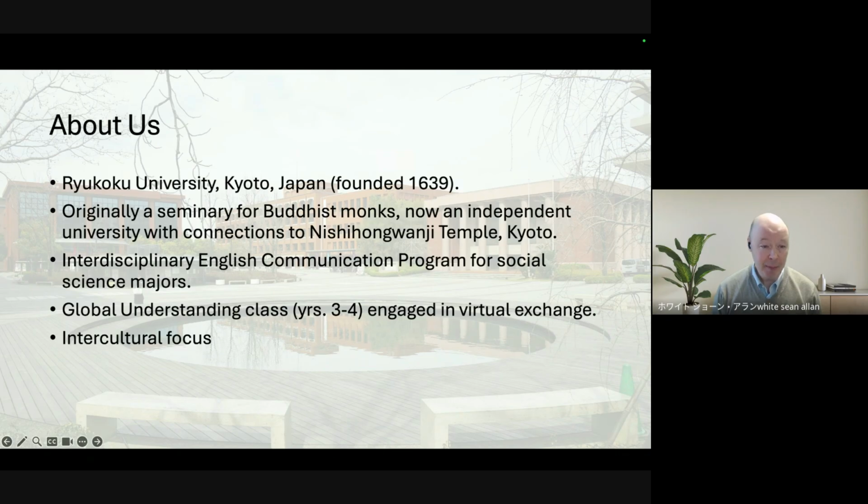Today, we are an independent university, but we still maintain connections to Nishihonganji Temple in Kyoto. In many ways, we look like a typical large private university in Japan. We have about 20,000 students, but the heart is still in its connection to Buddhism. We don't necessarily see it every day, but it does still exist here as a part of our spirit.